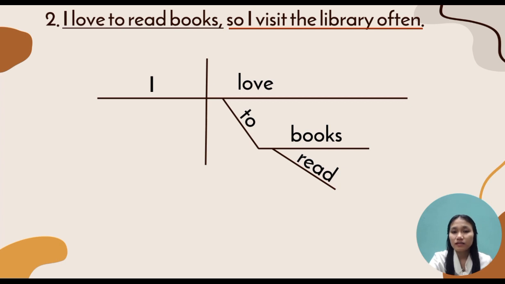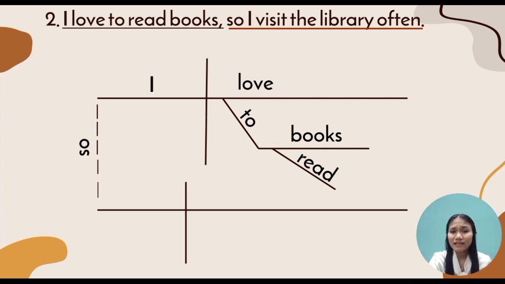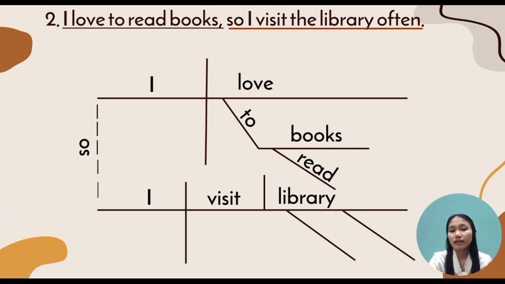Then next, for our coordinating conjunction, again, we are going to make use of a broken line that will represent our coordinating conjunction. Next, I is the subject, visit is our verb, and library is our direct object.